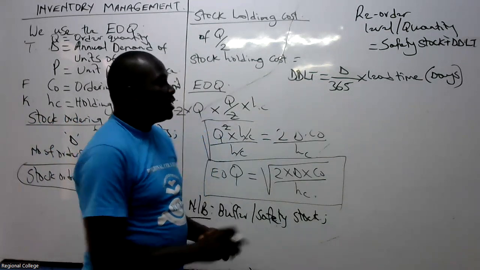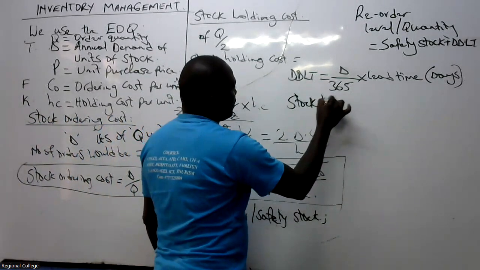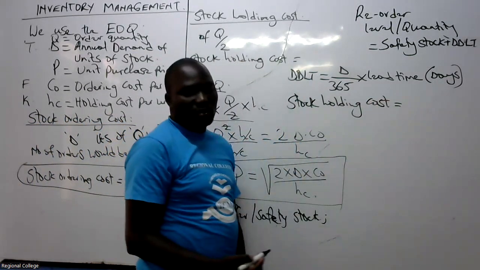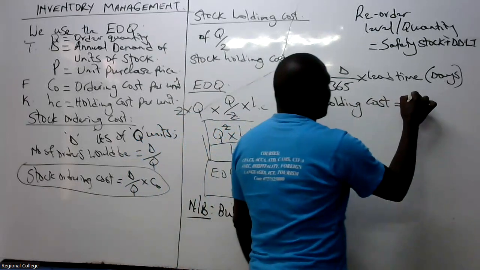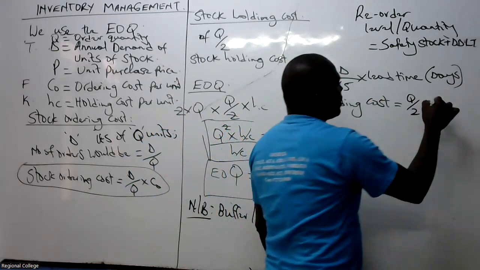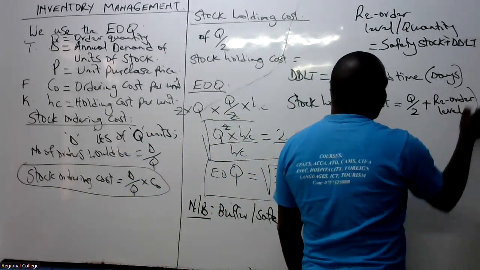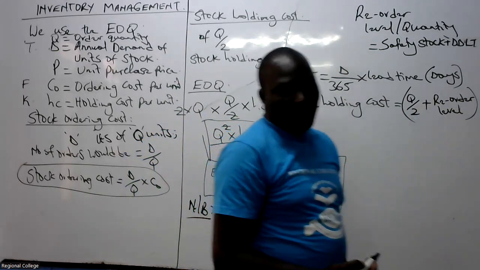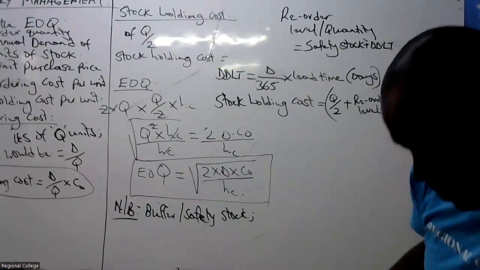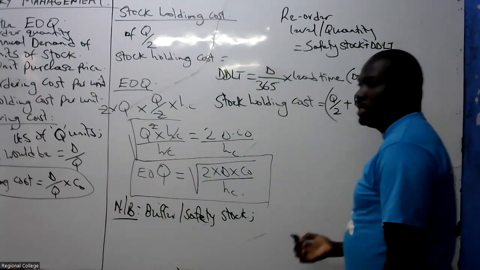So in that case, stock holding cost shall be equal to Q over 2, the average stock, plus reorder level. Q over 2 plus reorder level, and this we multiply by X.